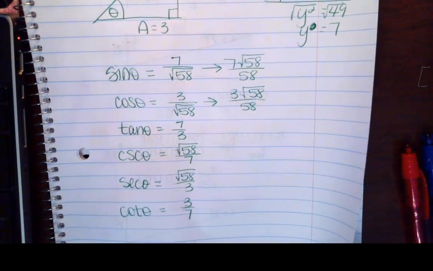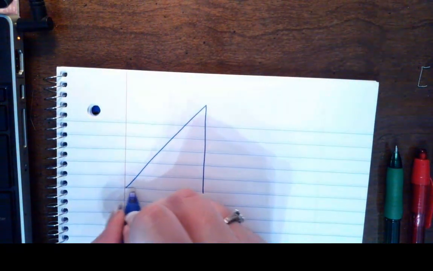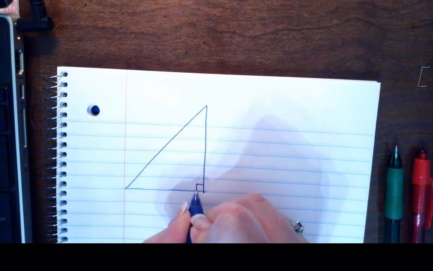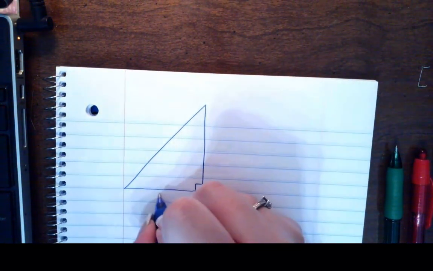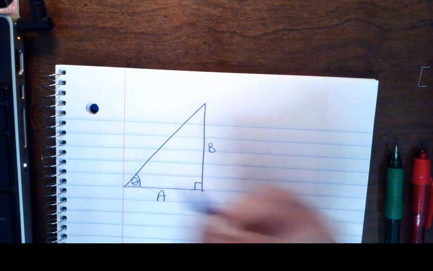Okay, so let's do another one. Another type of practice. So we have a triangle, big surprise. We have A and we have B, and we have theta.